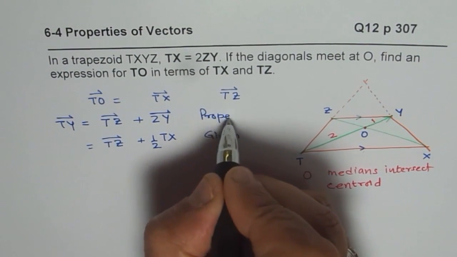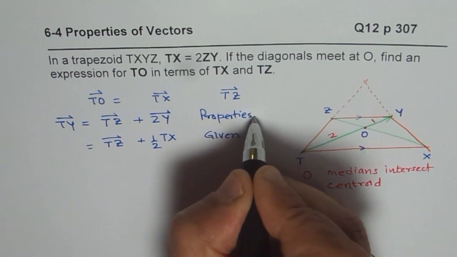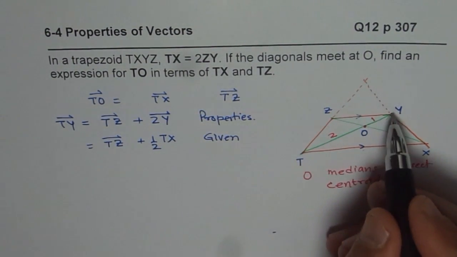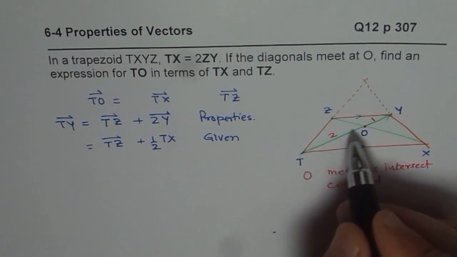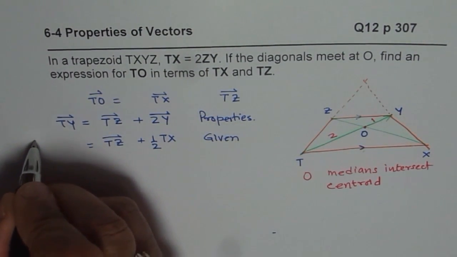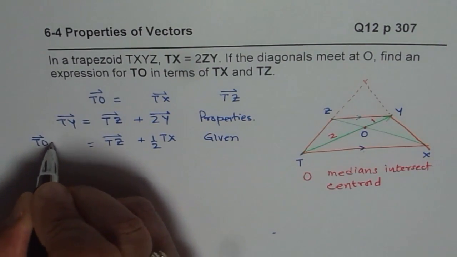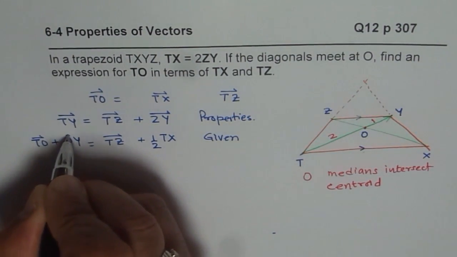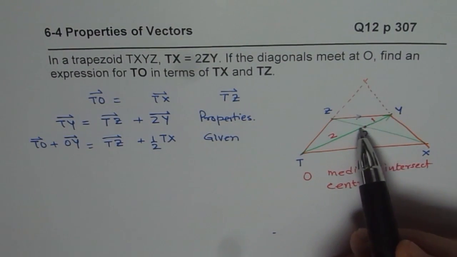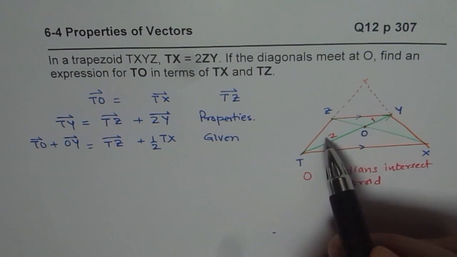Now, TY could be treated as TO plus OY. We also understand that the ratio of OY and TO is 1:2.